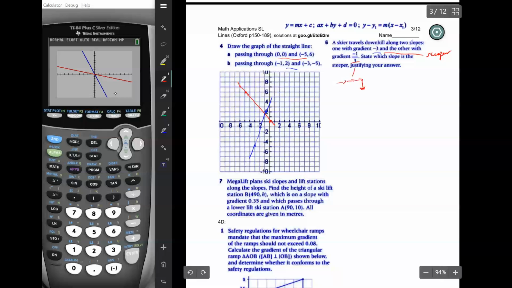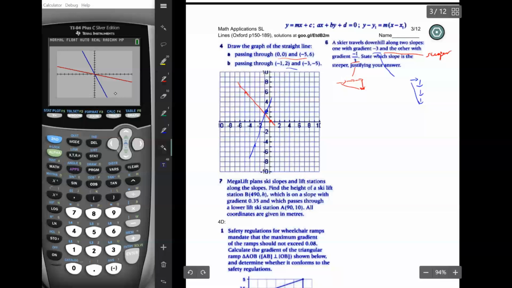And for -3, it's like -3 over positive 1, so it'd be a rise of down 3 and a run of over 1. So do you see how the red slope is going to be much less steep than the blue slope? Because for red you're 3 units over and 1 unit down, whereas the blue one is 1 unit over and 3 units down. So you can talk about that.